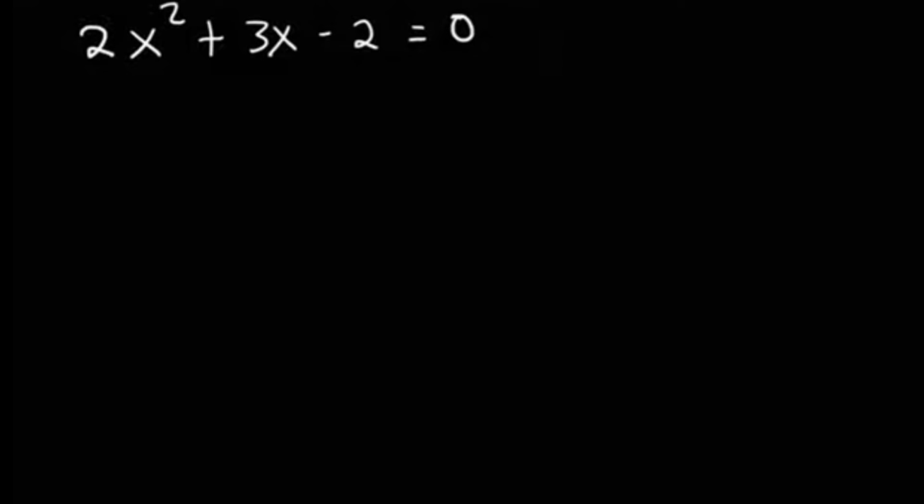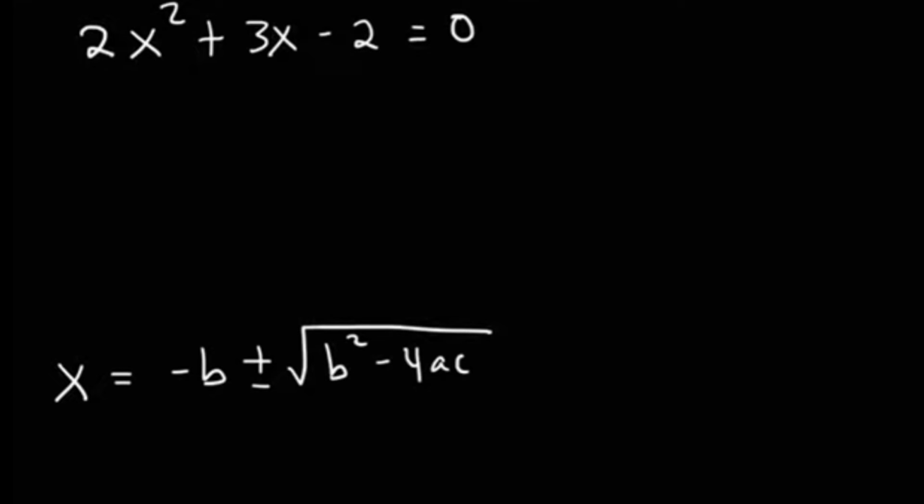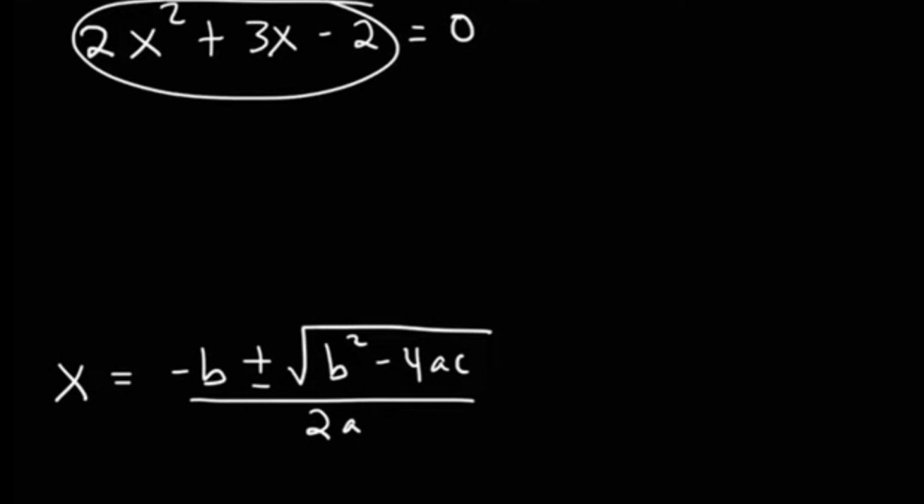The quadratic formula: x equals negative b plus or minus the square root of b squared minus 4ac, all over 2a. What is a, b, and c equal to? We have all the x variables at the left, 0 on the right.